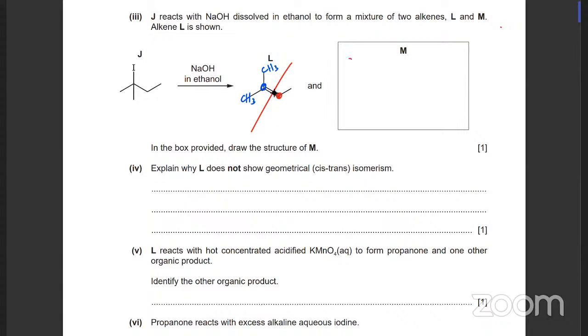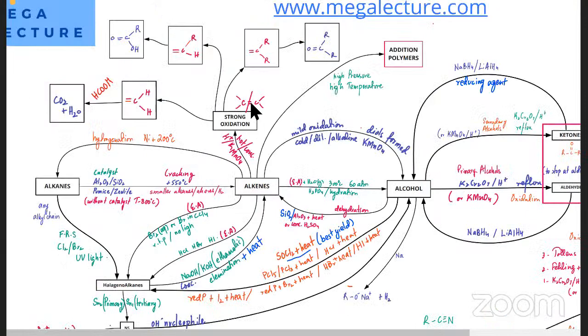Okay, after the double bond breaks, this carbon will turn into a ketone. If it has 2 carbon chains, it will turn into a ketone. If it's got 1 carbon chain, it will turn into a carboxylic acid. And if it's got no carbon chains, it's going to turn into carbon dioxide and H2O.